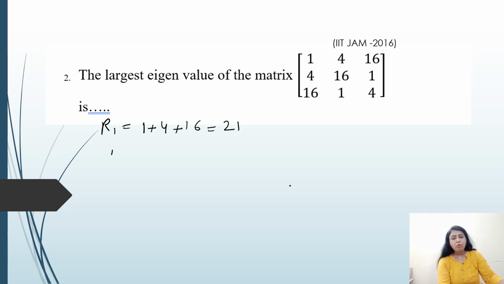R2 similarly is again 21, and R3 is 21. So all the three rows have the same sum. Then by the short trick method, the largest eigenvalue of the matrix will be 21. So 21 is the answer.